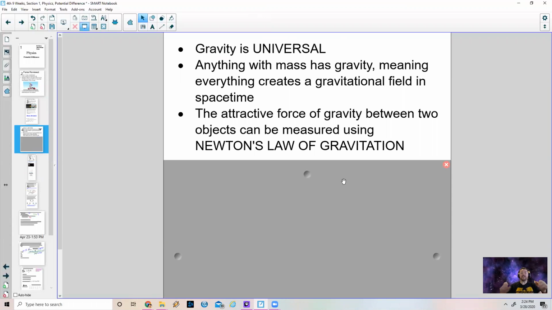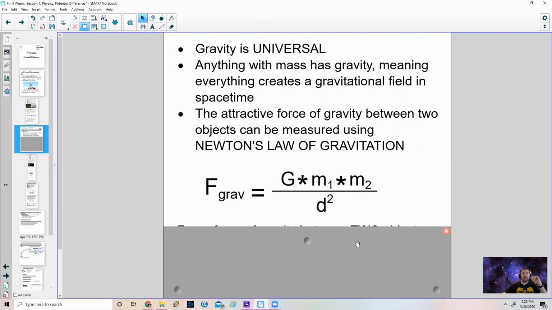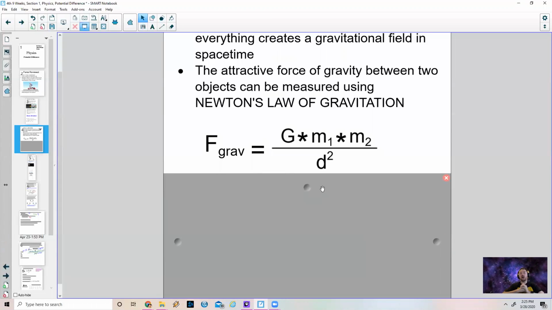Well, we can represent this idea of gravity and mass and distance with Newton's law of gravitation. It is an equation that's going to allow us to calculate the force between two objects that have mass. We can do it at small scales. We can do it at extremely large scales as long as we know distance and mass. And this is Newton's law of gravitation.